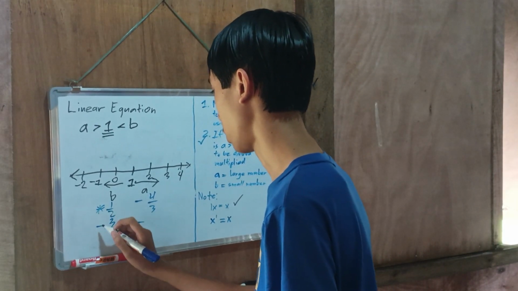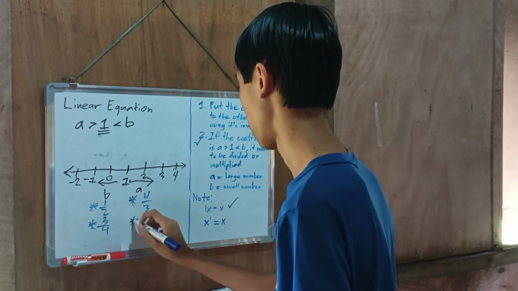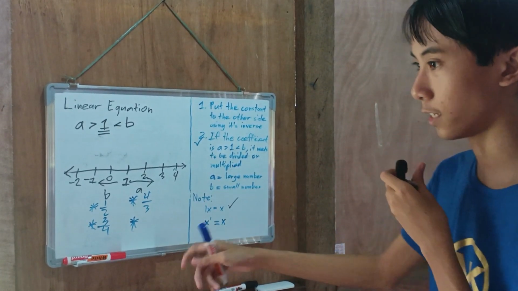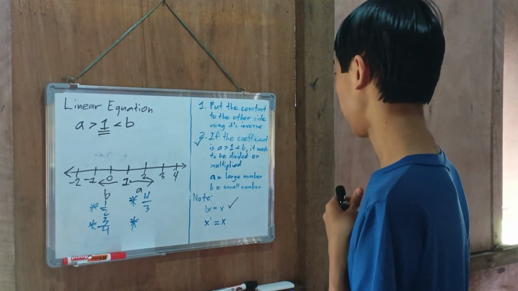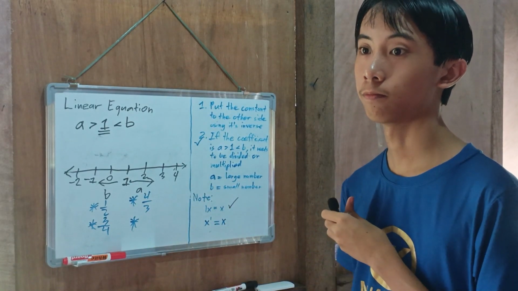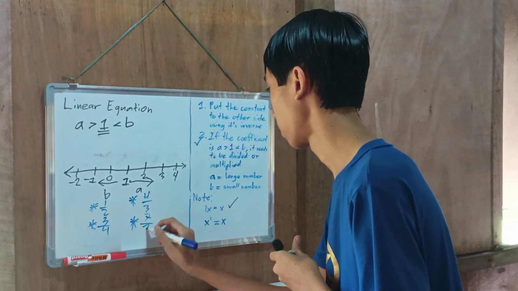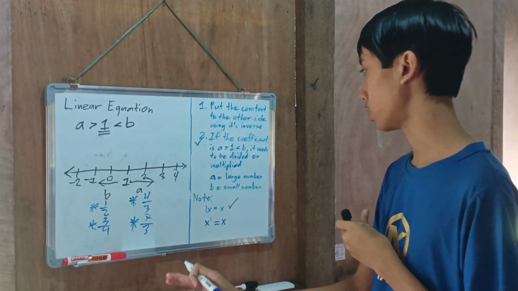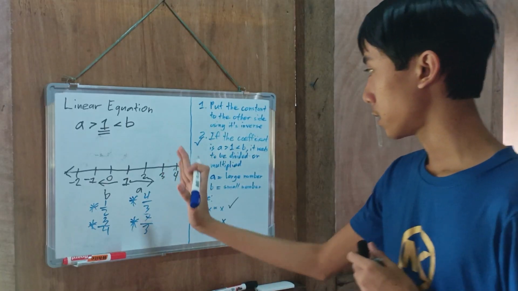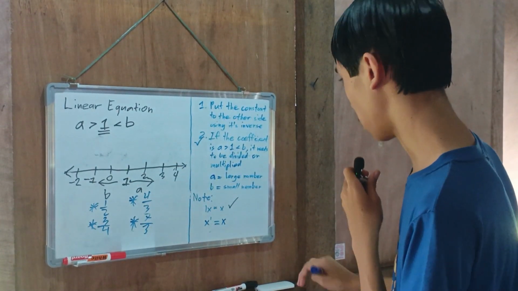It's asterisk, not anything else. Yeah, that is the representation of A being a large number, which must be greater than 1, and B being less than 1.